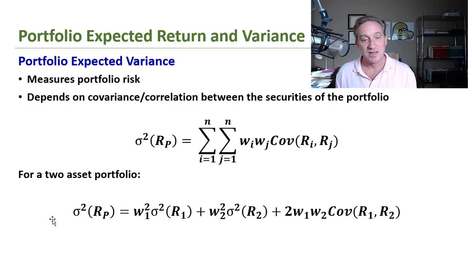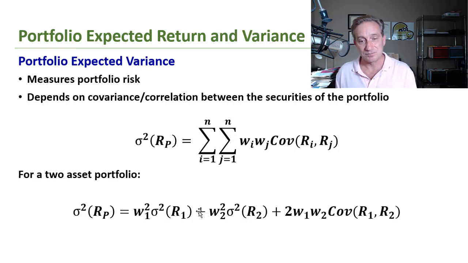But here we have a variance, so we want to pay attention to the fact that sigma squared tells us a variance, not a standard deviation, and we have the weight of the first component squared multiplied by its variance, right? I could say variance, or I could say standard deviation squared, but I might as well say variance.